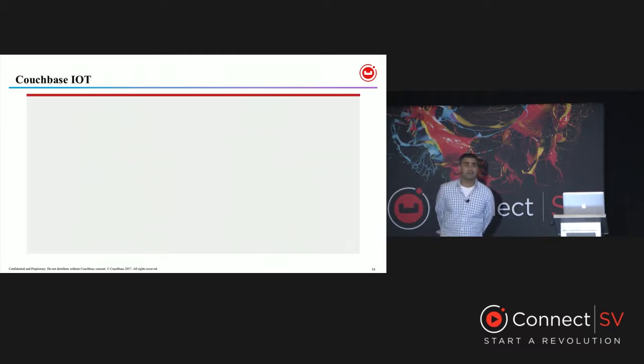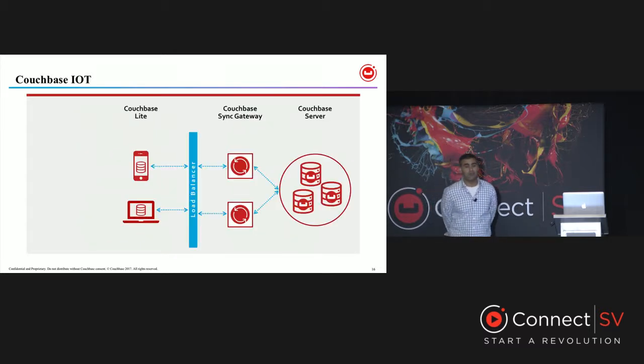Where does this fit in with IoT? So most of Couchbase mobile deployments are what you're seeing here. There's Couchbase Lite sitting on a device that's then talking over the worldwide web to Couchbase Sync Gateway, which is an internet-facing component that in turn is connected to Couchbase Server.